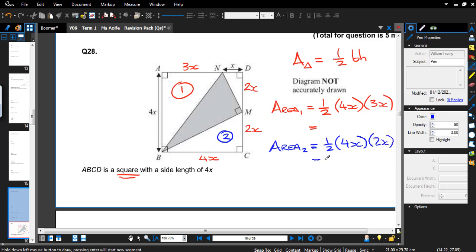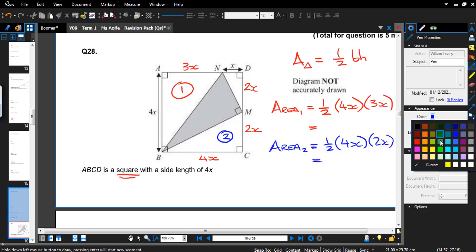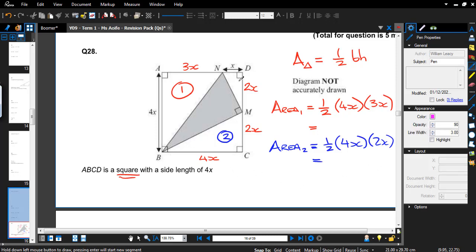And then we'll get the little one. Area 3, so that's going to be half of 2x times x.